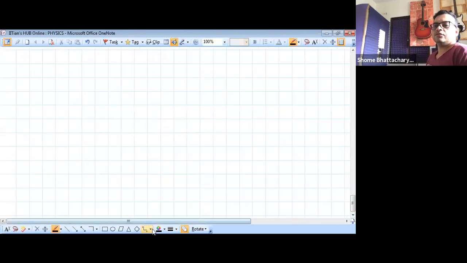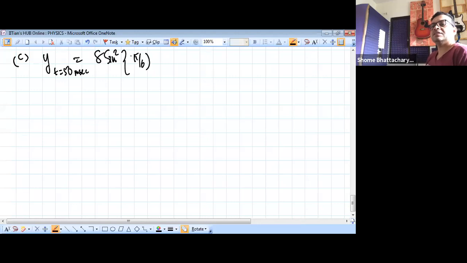Now, next thing, if you look at t equal to 50 milliseconds, or 1/20th of a second, y will become 8 sine square (pi by 6)x minus 20 pi into 50 into 10 raised to the power minus 3.